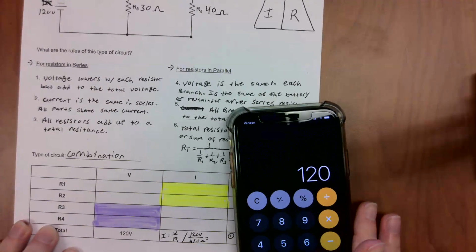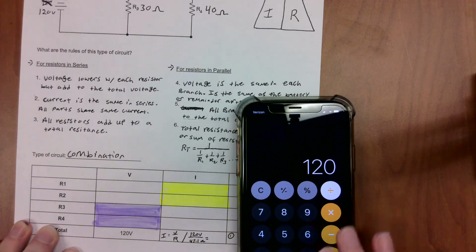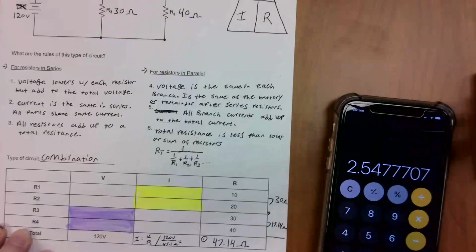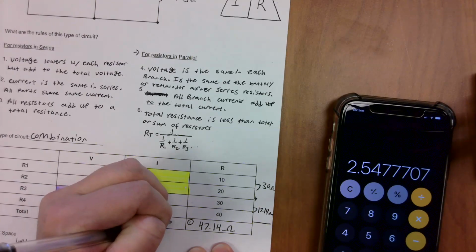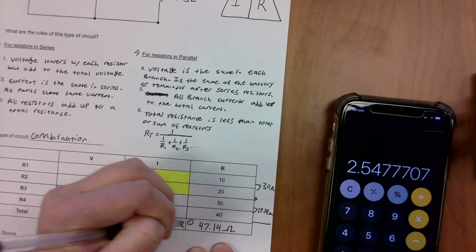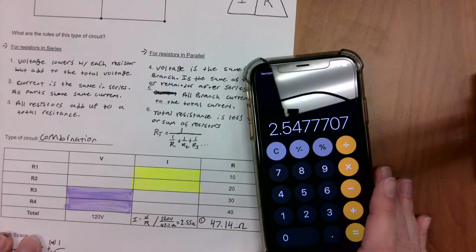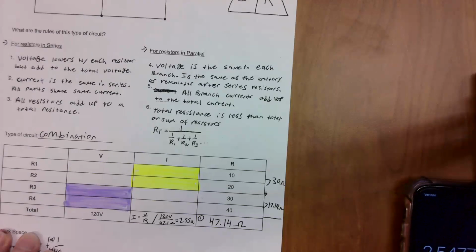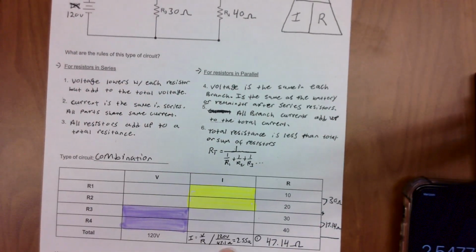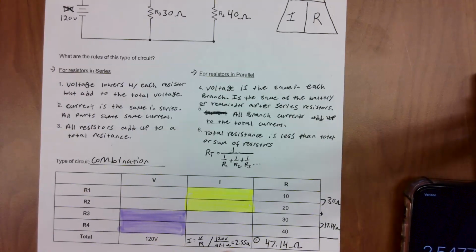So 120 divided by 47.1 is going to get you 2.55 amps as our total. Okay, that's our total amperage. Take a look back at your rules if you're lost.